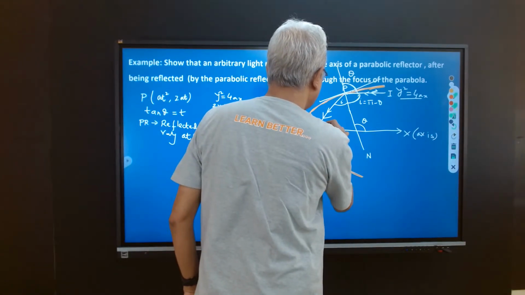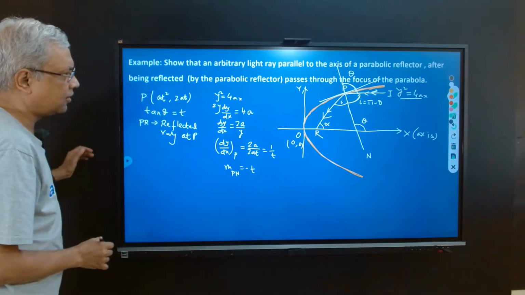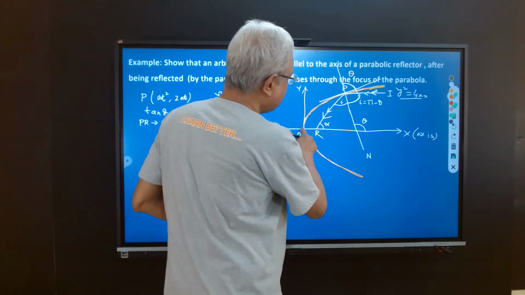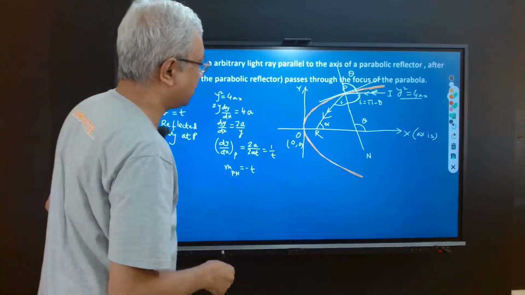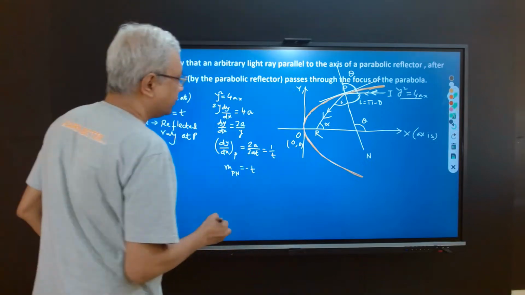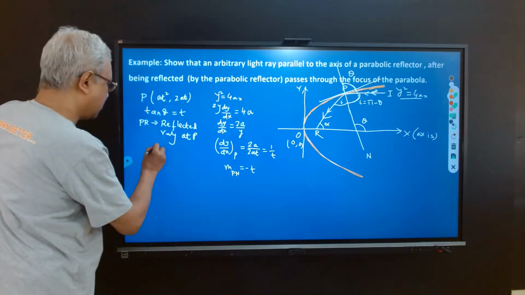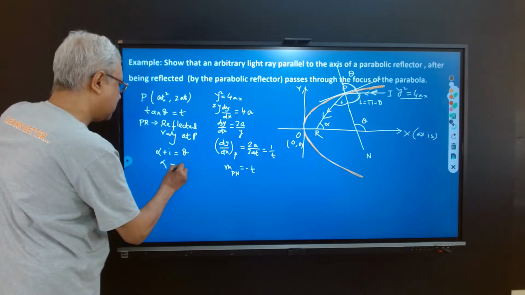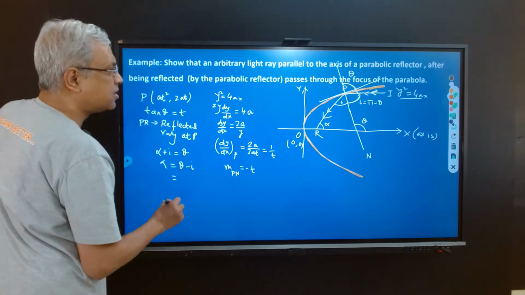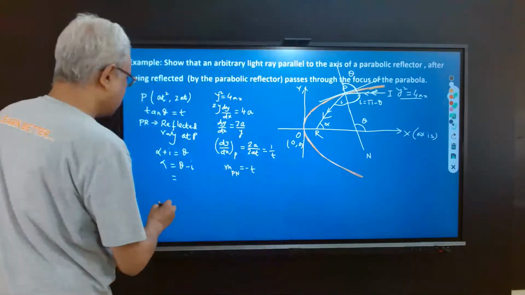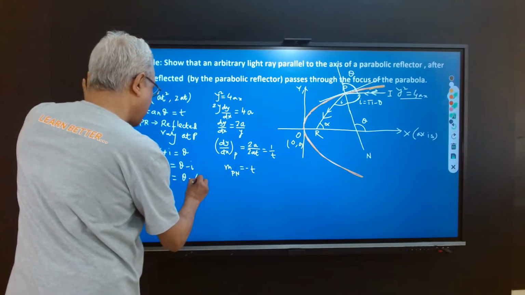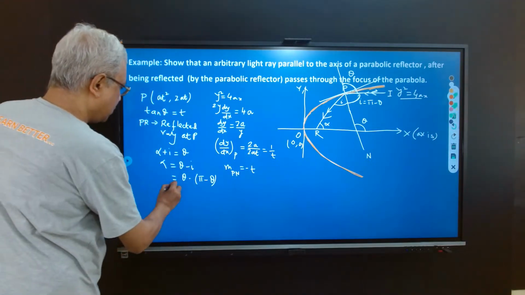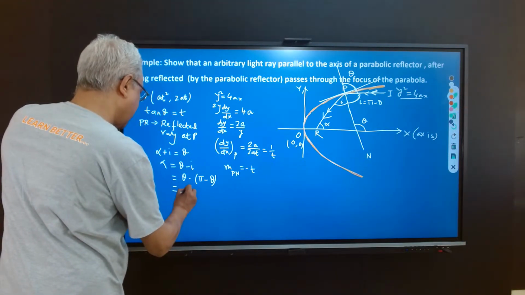Now let the inclination of the reflected ray be alpha. That means the reflected ray makes an angle alpha with the positive x-axis, this line here. So alpha plus I is theta, so alpha is theta minus I, but I is pi minus theta. So theta minus (pi minus theta), it is 2 theta minus pi.